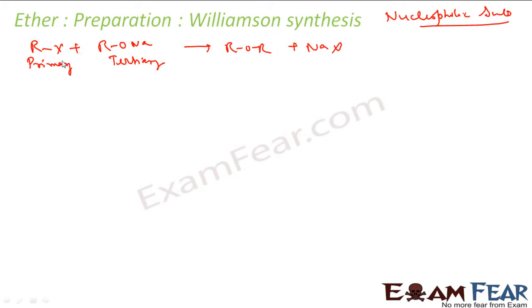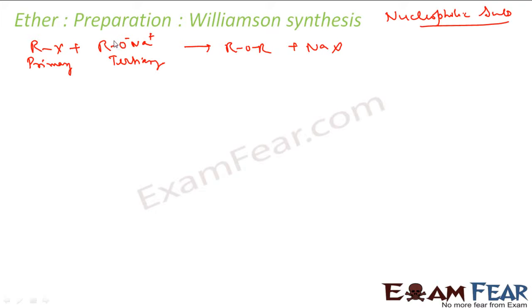Please note, this RX has to be primary. If it is secondary or tertiary, then in that case, elimination reaction competes over substitution. Correct? And it is good to have the alkoxide tertiary. So let's see this reaction here. So this is minus, this is plus.